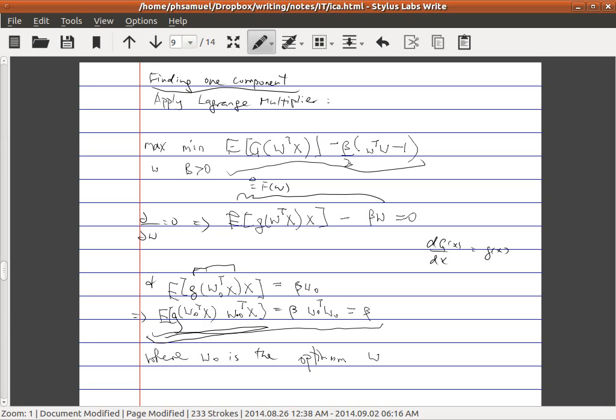We can multiply w naught transpose on both sides, from the left, let's say. So on the right-hand side we have beta w naught transpose w naught. Because we have the constraint that w transpose w is equal to 1, this is gone, it's just equal to beta. So therefore beta is just equal to this guy here.